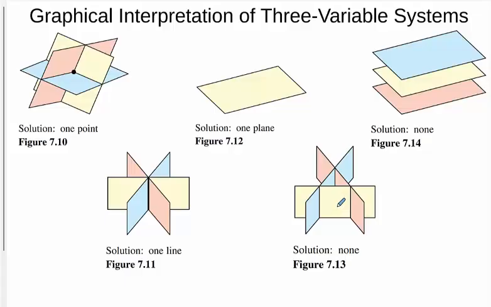So there are different ways we can get no solution. So you're probably thinking, well, let's see here, there are 1, 2, 3, 4 possible ways we can get something other than one point as a solution.